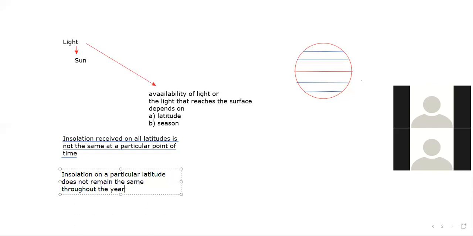If we take the case of India, in the summer season the northern part of India would receive higher insolation, or higher light, and in the winter season the insolation received would be lesser. So the insolation received at a latitude keeps on changing with the change in the season. This is the second point.